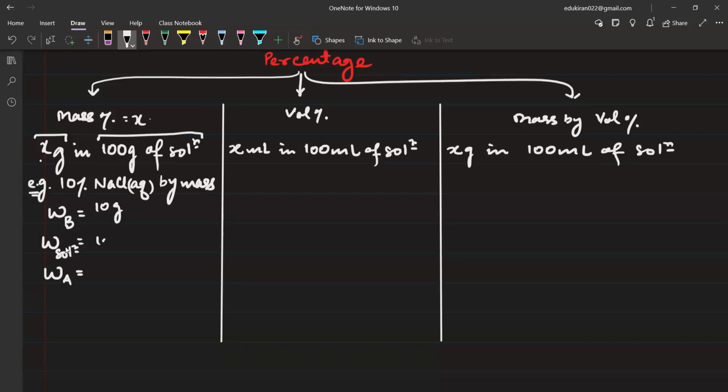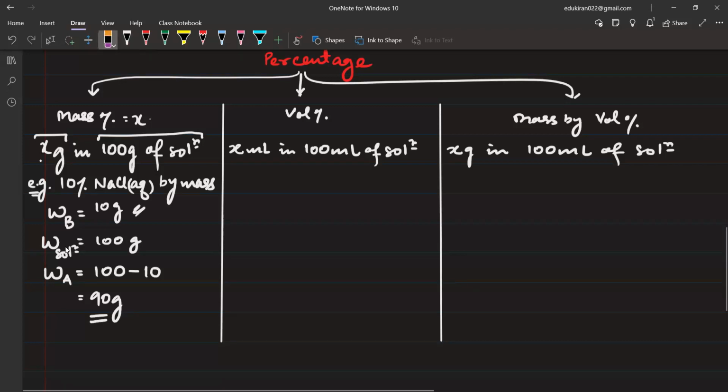The mass of solution will be 100 gram. And what will be the mass of solvent? It will be the mass of solution, that is 100 minus WB. So it is going to be always 100 minus whatever the X is, and the X here is 10. So it will be equal to 90 grams. So 90 gram of solvent plus 10 gram of solute is going to make 100 grams of solution.